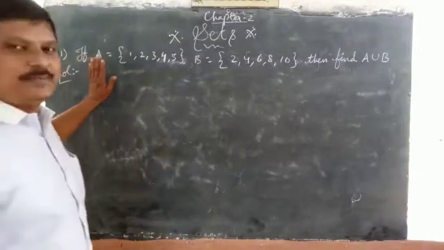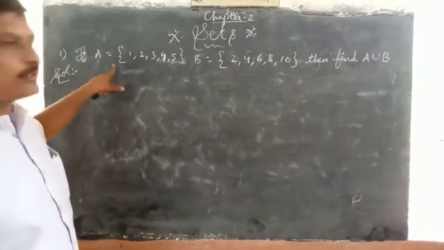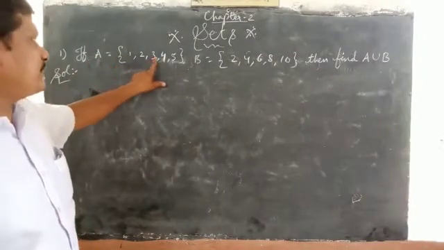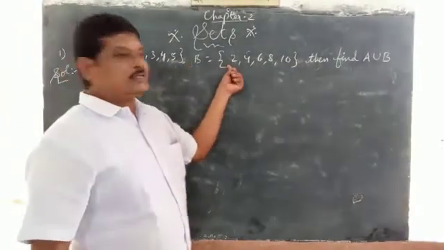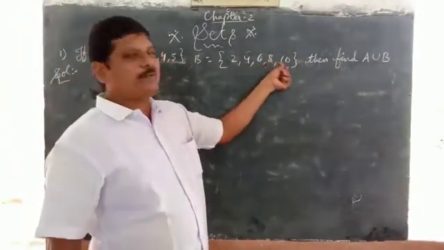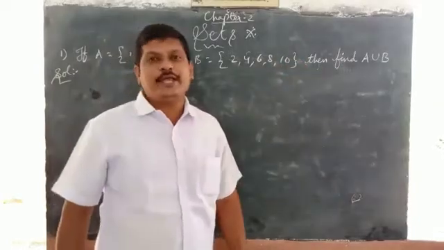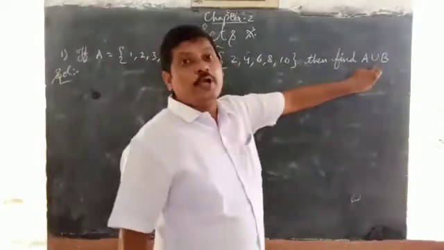Now, a sum. If A equals set of 1, 2, 3, 4, 5 and B equals set of 2, 4, 6, 8, 10, then find A union B. What is the symbol? Union.